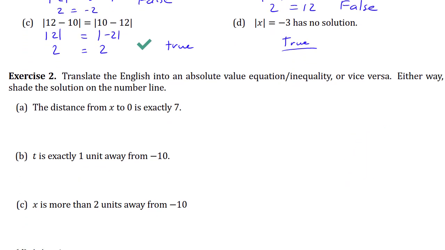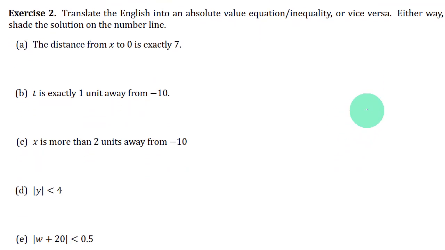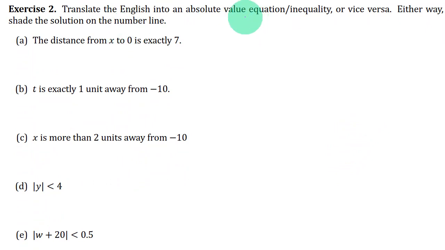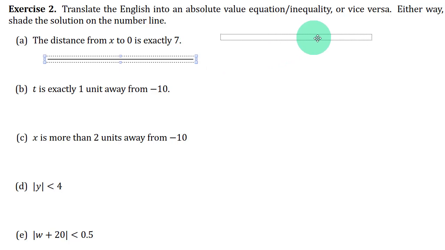All right, here is exercise 2. Let's translate the English here into an absolute value equation or inequality, and then shade the solution on a number line. All right, so the distance from x to 0 is exactly 7. Oh, I was going to translate it first before the number line.